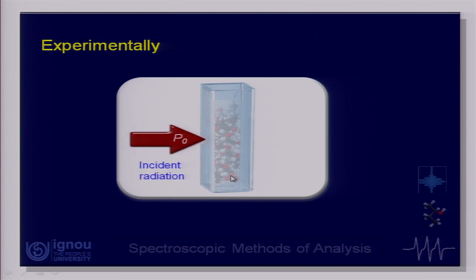When some radiation comes in with an intensity or radiant power P naught, part of it gets absorbed, and what comes out is a transmitted radiation of lesser intensity. This forms the basis of our application. We will talk about that maybe in the next session and thereafter.